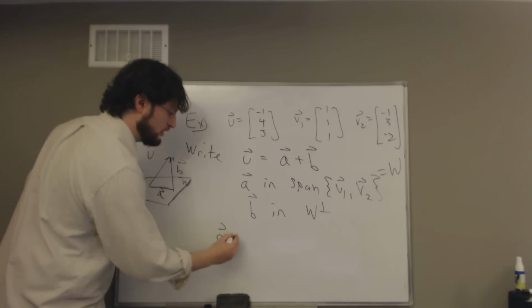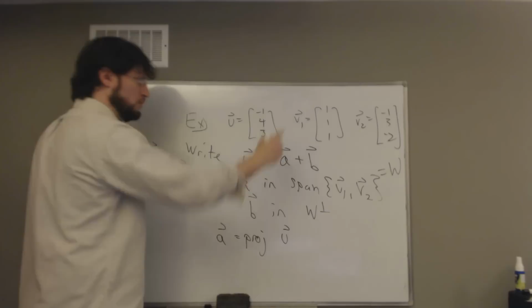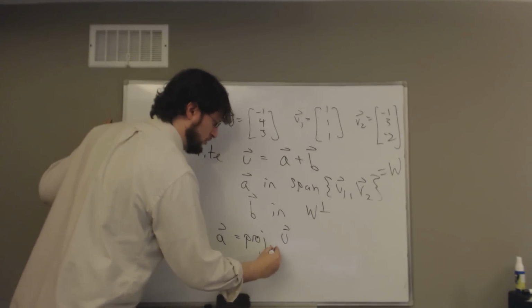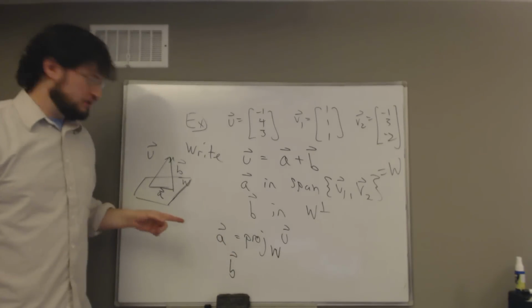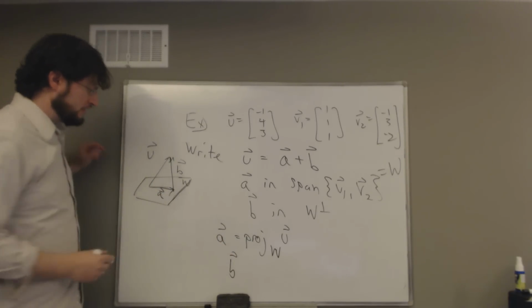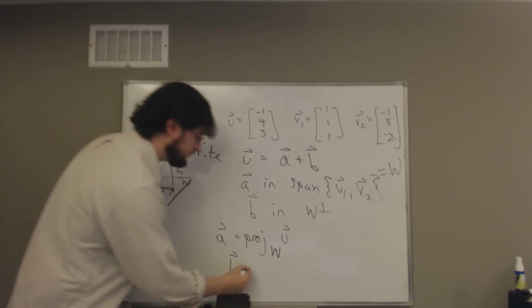So a is going to be the projection of u onto v1 and v2, which is W. That's a. And b will be just as before, since this is what a is, and when we take a plus b, we better get back to u.